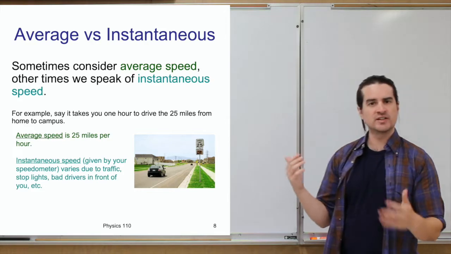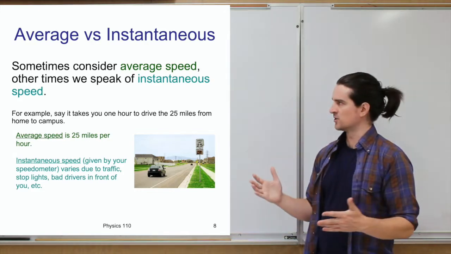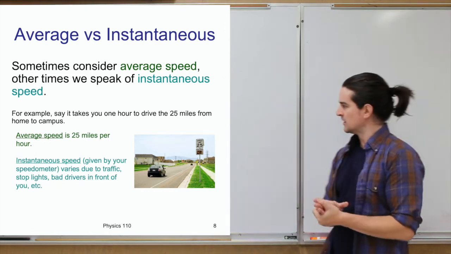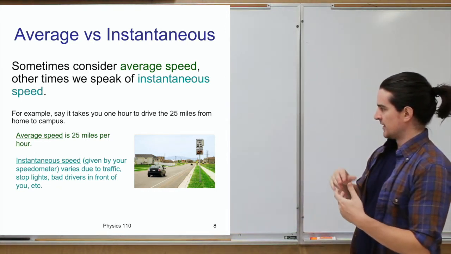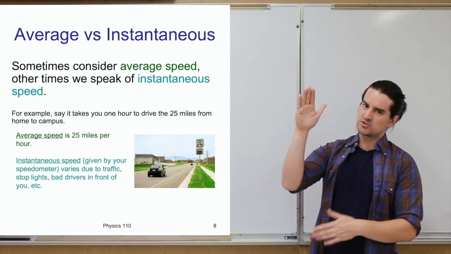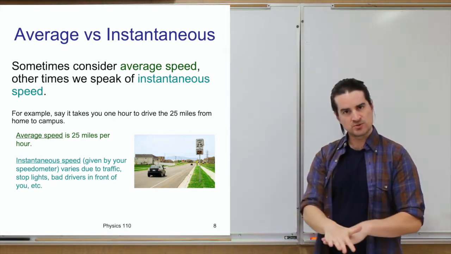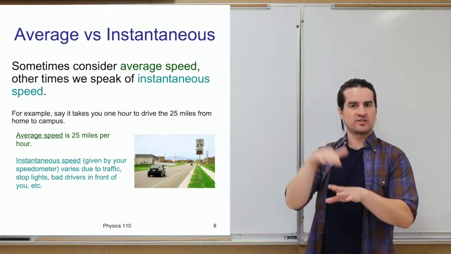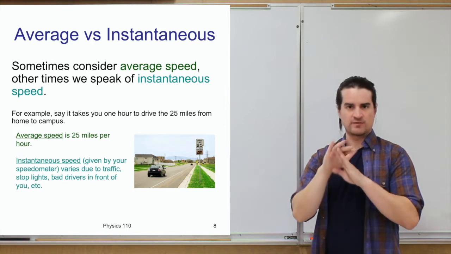However, that's different than your instantaneous speed. And instantaneous is just another word for what's your speed at that moment, at that instant. So if your average speed was 25 miles an hour, you could have been going faster than 25 miles per hour, you could have been going slower than 25 miles per hour, but on average, all that sort of evened out to be 25 miles per hour.